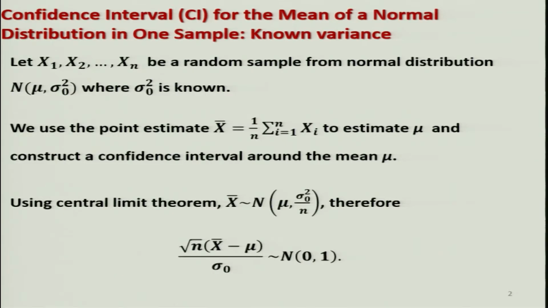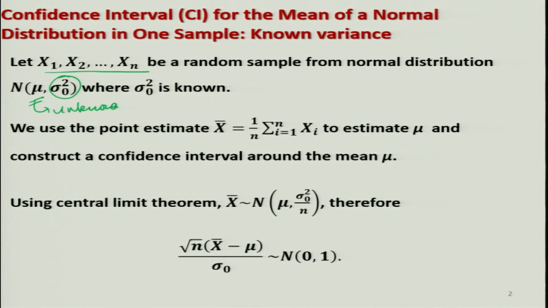We are considering the situation where we have a random sample x1, x2, ..., xn from a normal population, in which the mean mu is unknown and sigma 0 square is the variance, which is known.